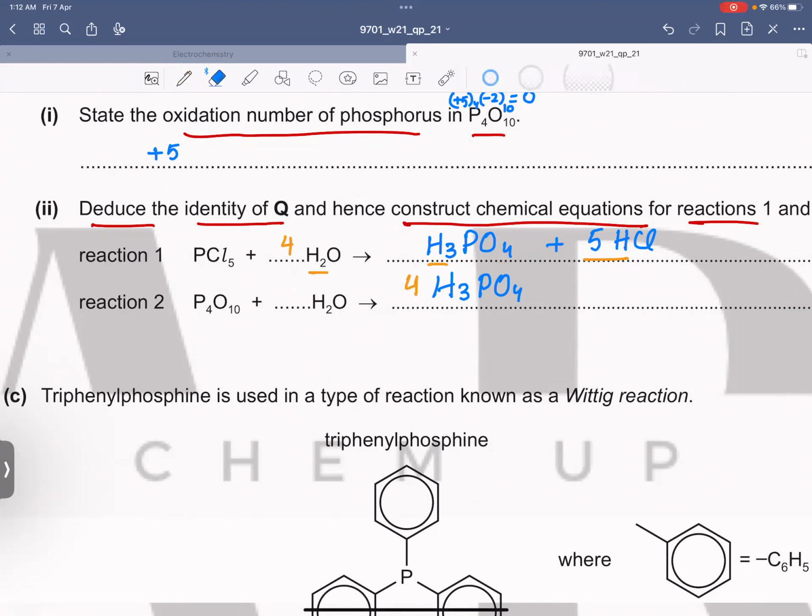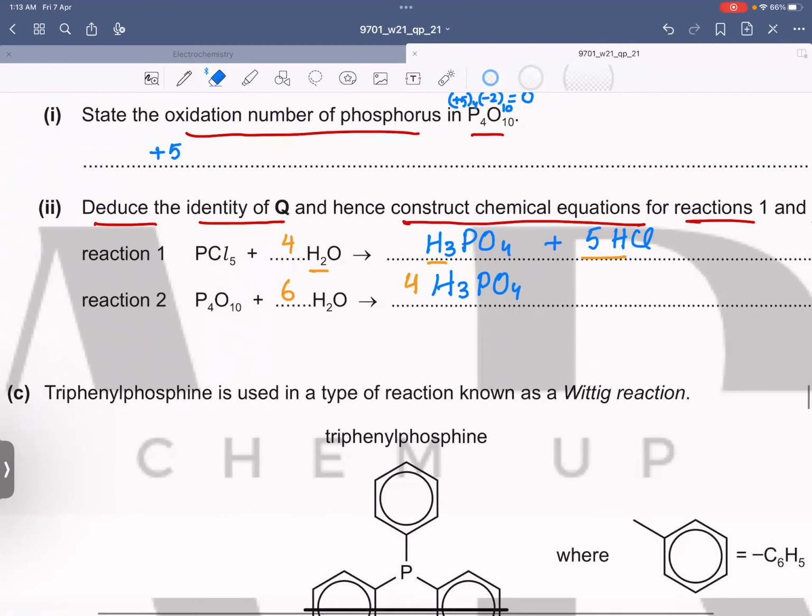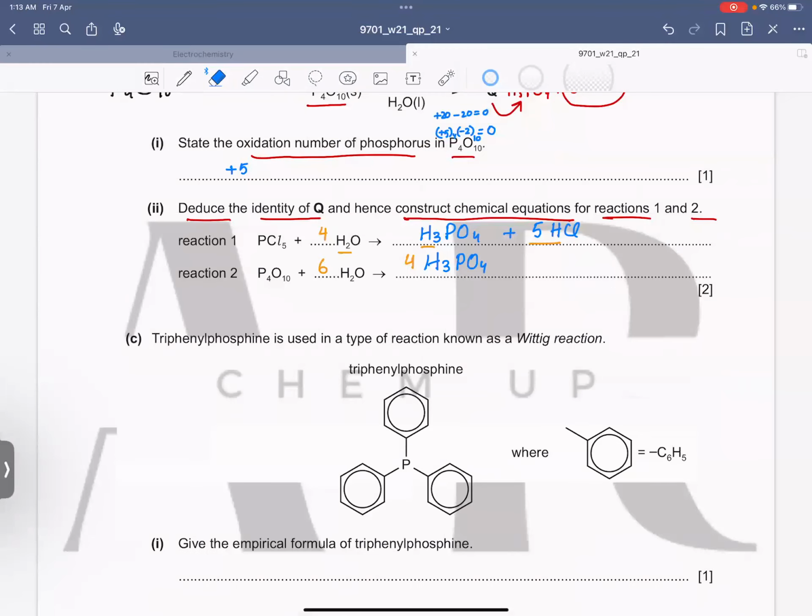If I put the 4 over here, that makes it 12 hydrogen over here, so I must put 6 over here. Now my equation is balanced. Is this clear? Yes, if anybody has any confusion, kindly ask. Yes, is this clear to everyone?